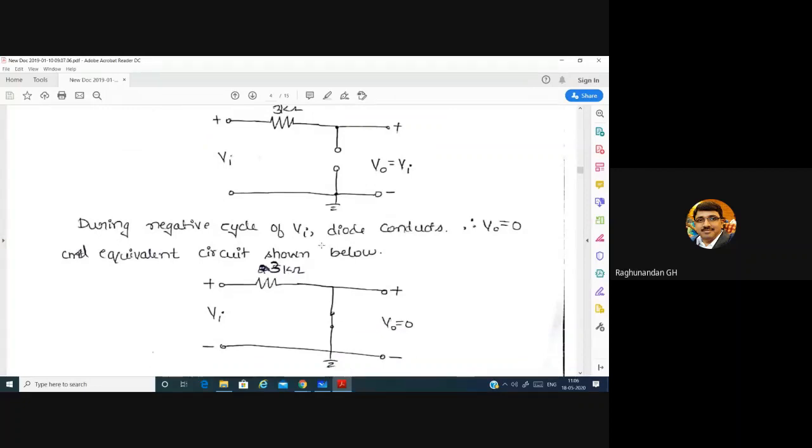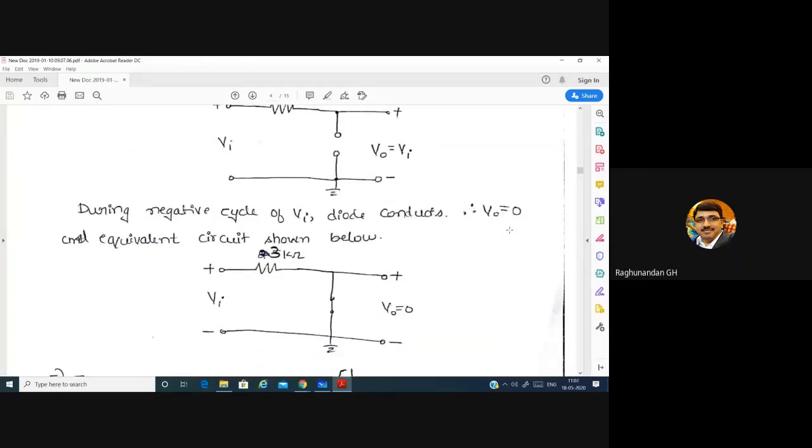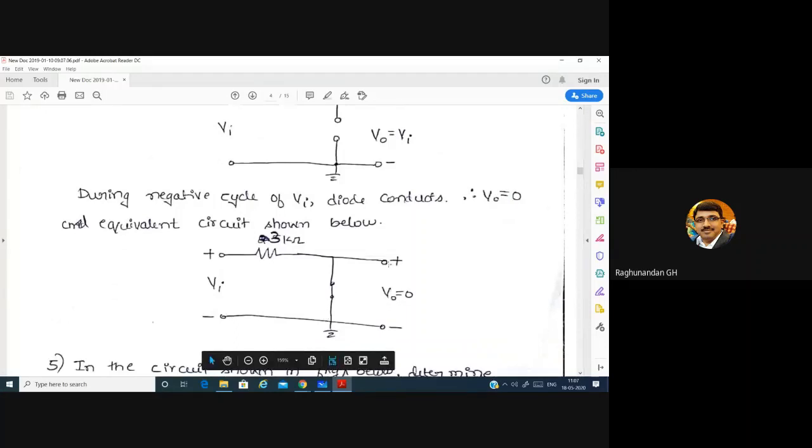During the negative half cycle of VI, the diode conducts, and V naught is equal to 0. When the diode conducts and you measure the output across this, it is a short circuit. You know that the resistance across a short circuit is 0. When resistance is 0, automatically the voltage becomes 0.